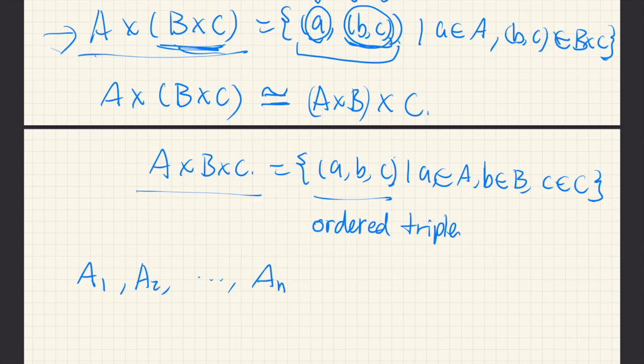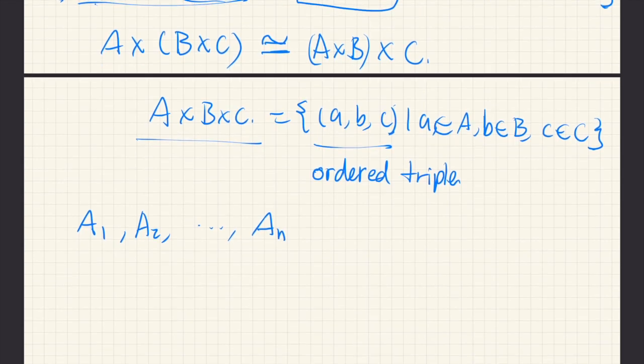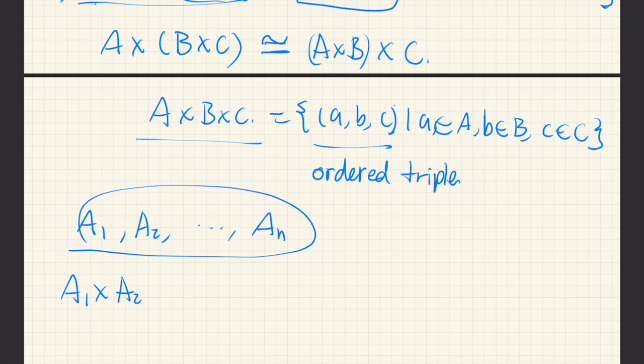So we have n sets, and we can define the Cartesian product of these n sets: A1 times A2 times and so on times An. Of course, an element of this product is something like (a1, a2, and so on, an).